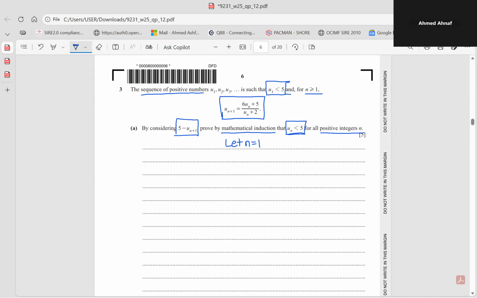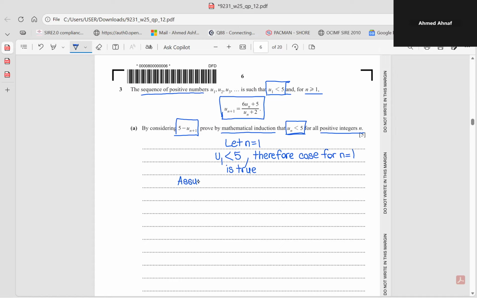Okay, so yeah, you can already just see U1. We are already told it's less than 5. So we can just write therefore case for n equals 1 is true. Okay, and the next step is to write down our inductive statement, which is basically an assumption.